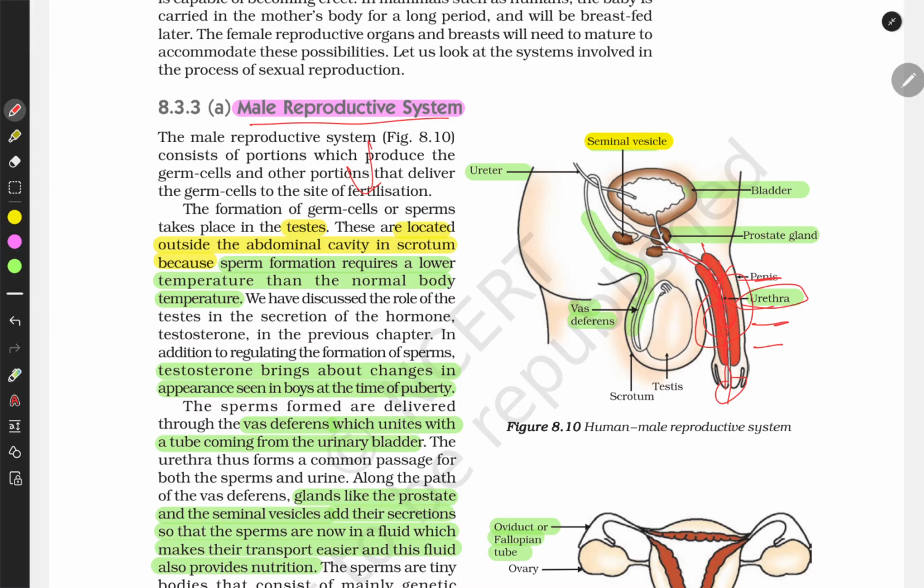We have already studied in photosynthesis the guard cell, which controls the exchange of gases. When water flows in, it becomes swollen, and it allows the gaseous exchange of CO2 and oxygen.